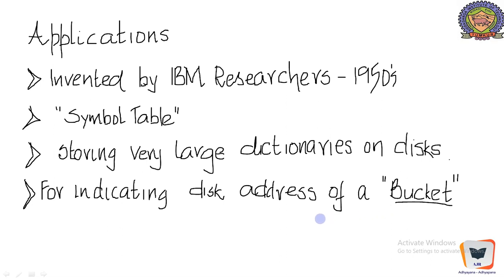Accordingly, a location computed by a hash function in extendable hashing indicates the disk address of a bucket that can hold up to B keys or up to N keys. When a key's bucket is identified, all its keys are read into main memory and then searched for the key in question, or for the key that is to be searched.